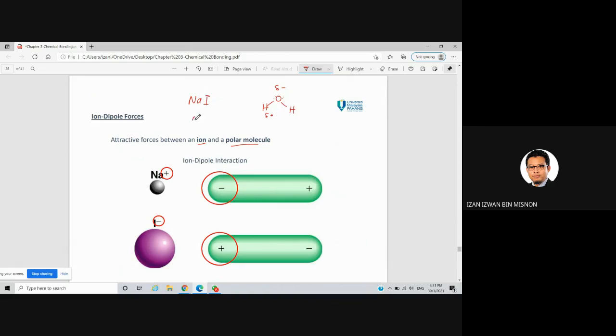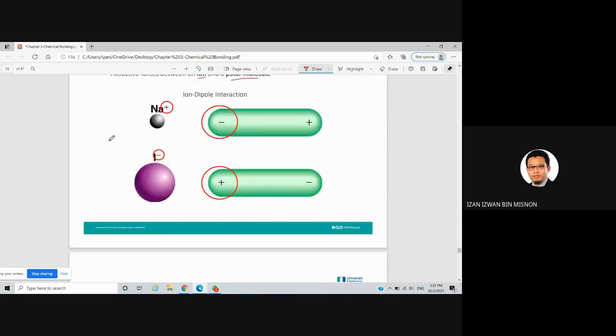Dissociation of sodium iodide will form sodium plus and iodide ion, I negative. So the Na plus will easily be attracted to the oxygen side of water, whereas the iodide will be attracted to the hydrogen side of water. So when we put sodium iodide in water and it is dissolved, the sodium ion will go to the oxygen area, whereas the iodide will go to the hydrogen area. So this will be the ion-dipole forces.